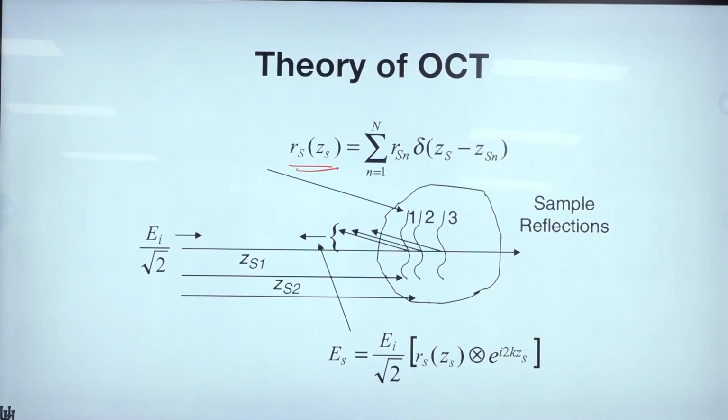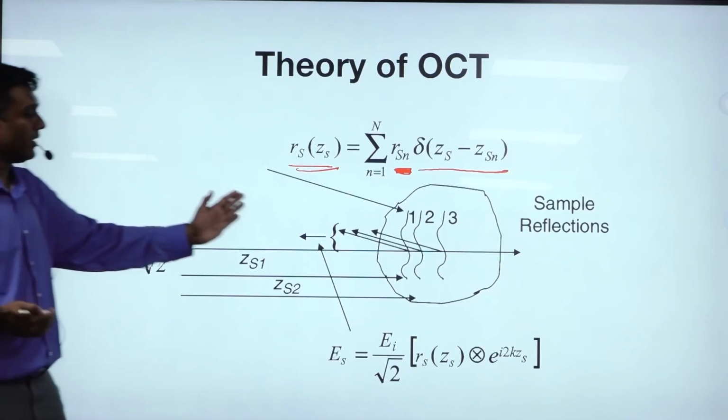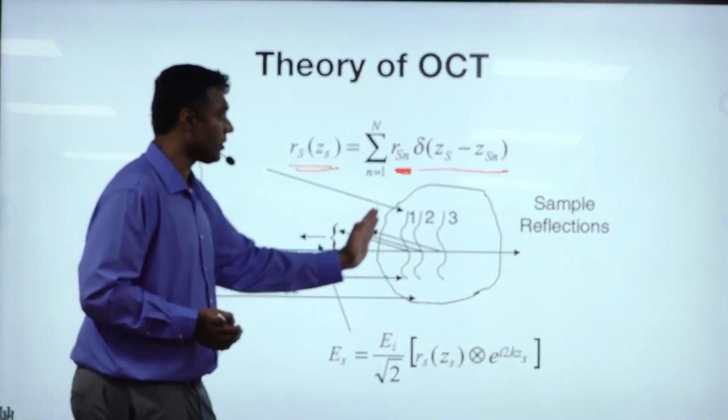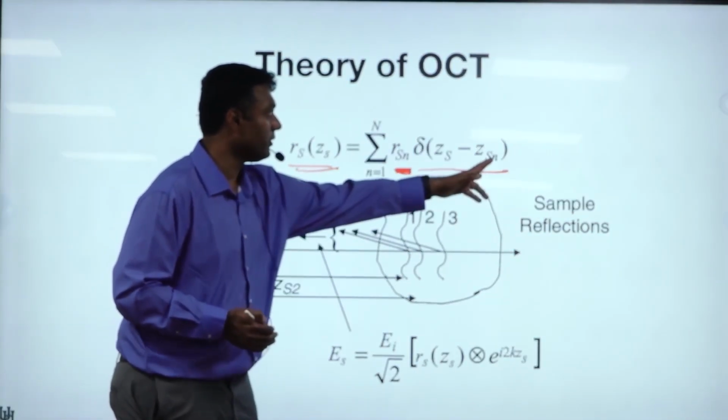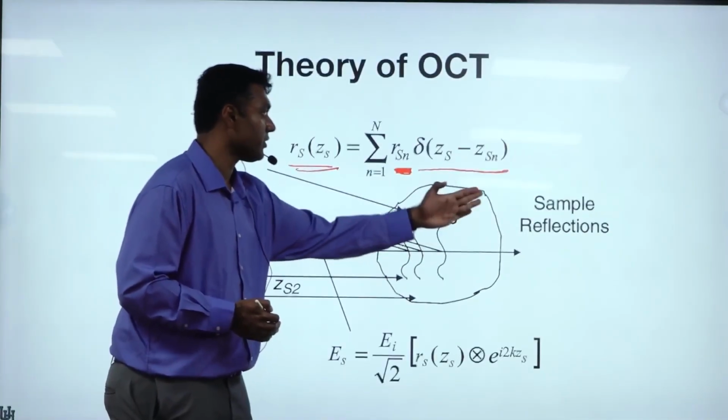You have Rs of Zs, which consists of the reflectivity at delta of Zs minus Zsm. So basically, what is the location of sample layer 1? What is the location of sample layer 2? Z1, S1, S2, S3, S4.